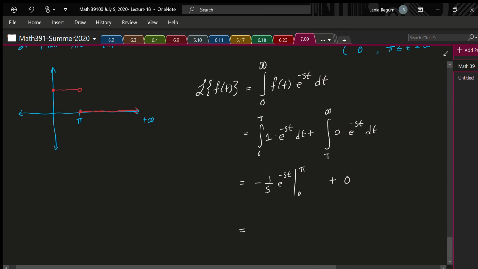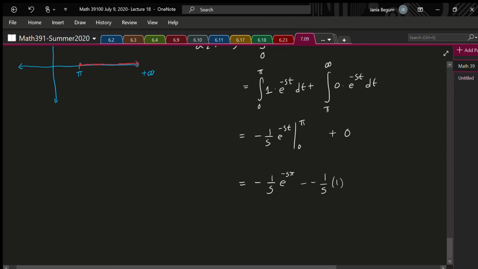So if I plug in the upper limit and lower limit, we have negative 1 over s e to the negative s pi minus negative 1 over s e to the 0, that's just 1.